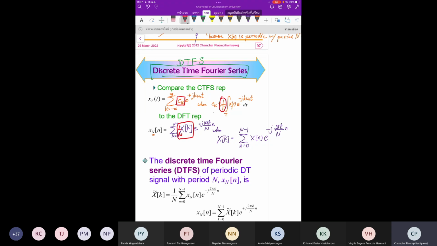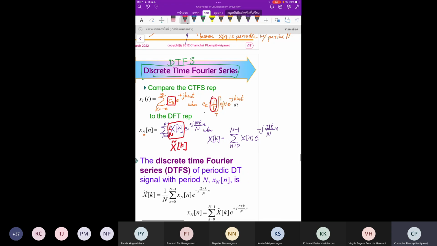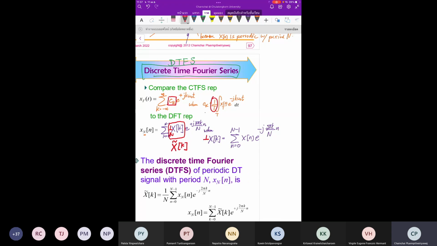Yep. Okay. Now, if I call this one x tilde k, equivalent to ck. So in the frequency domain, I would multiply by 1 over n here, and I multiply by 1 over n here.